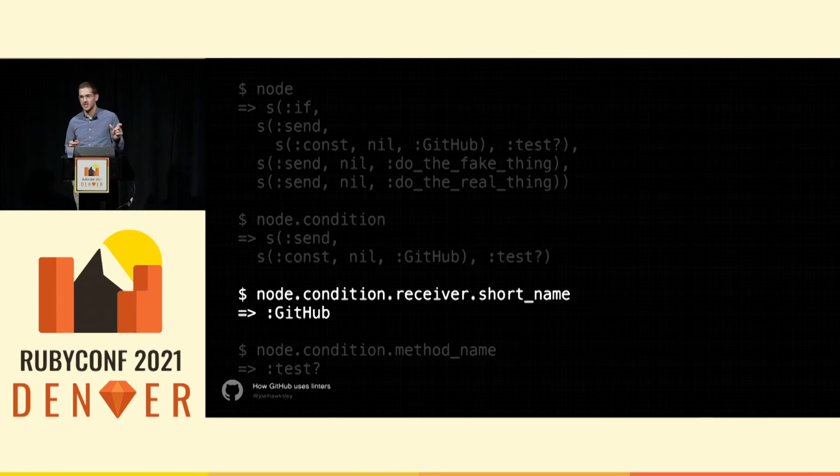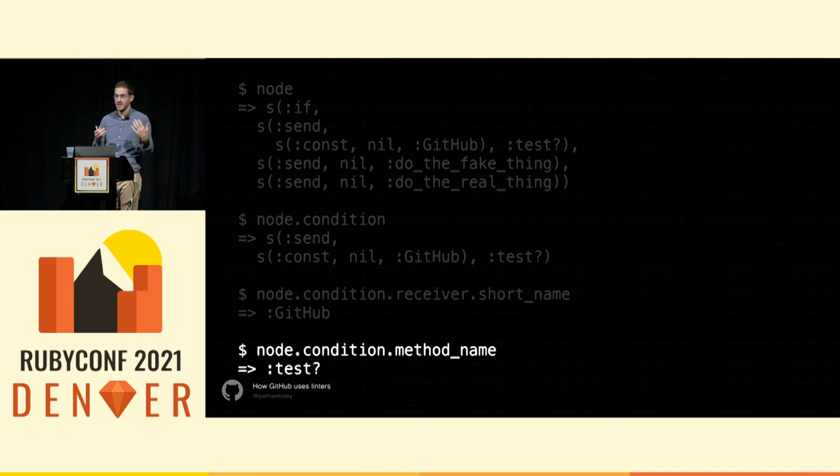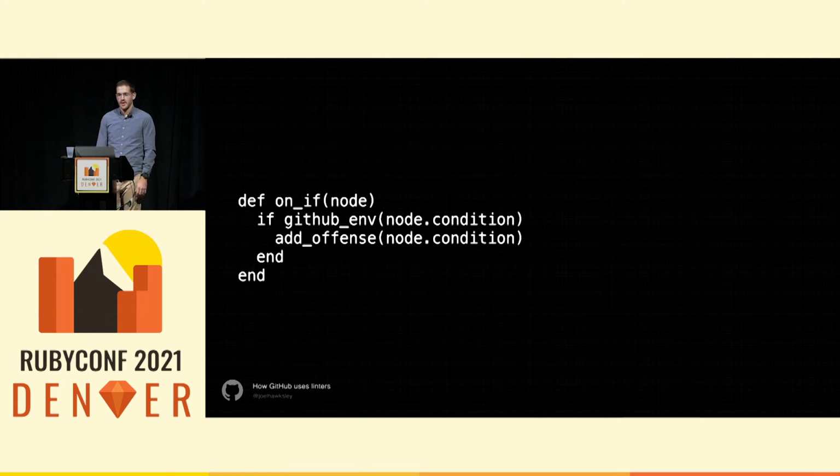If we look at that condition and we traverse a little bit deeper, we can see that its receiver's short name is GitHub, which is our offending class. And then if we look at the condition's method name, we can see that it's also an offender as well with the offending test method. So if we go back to our linter, this is the code you use to use the node pattern. Let's rewrite it to just use plain old Ruby instead.